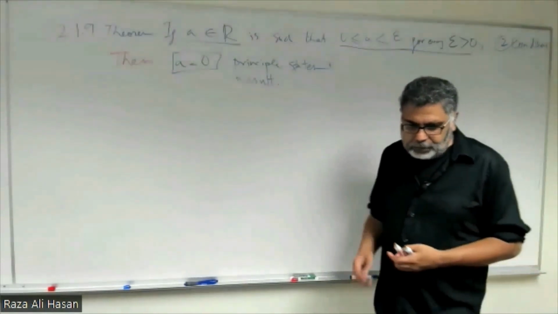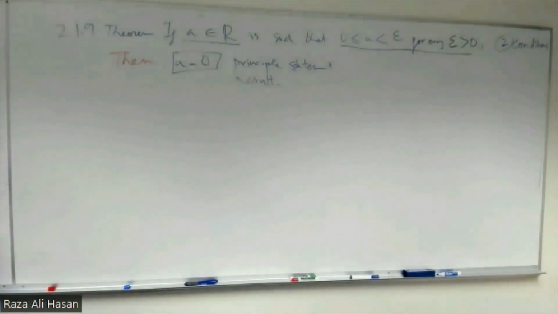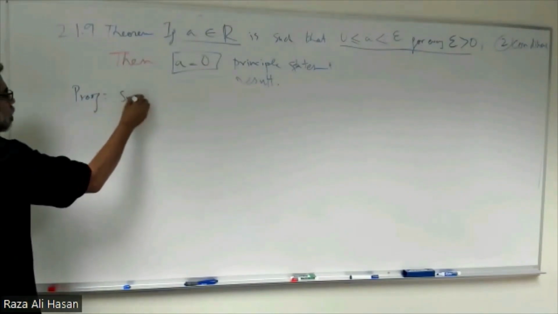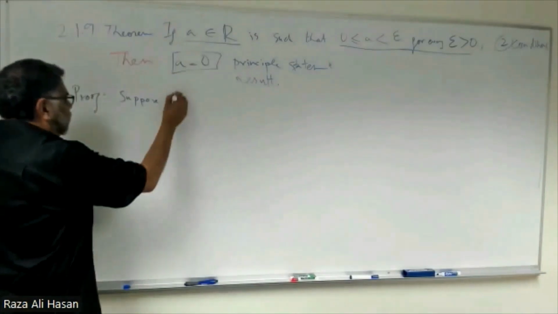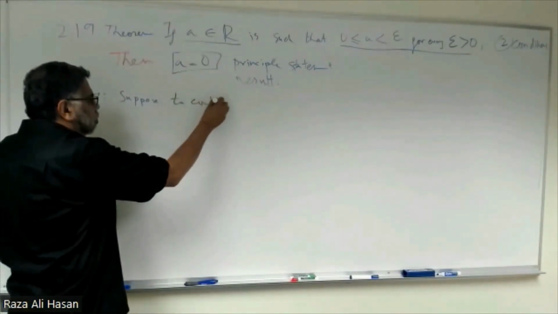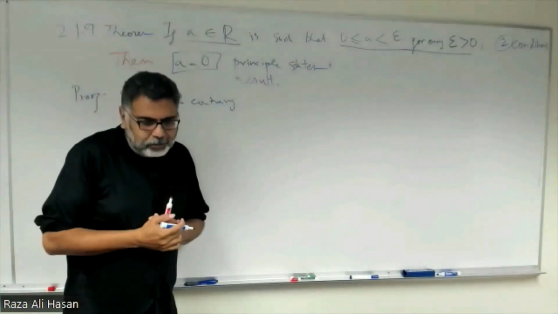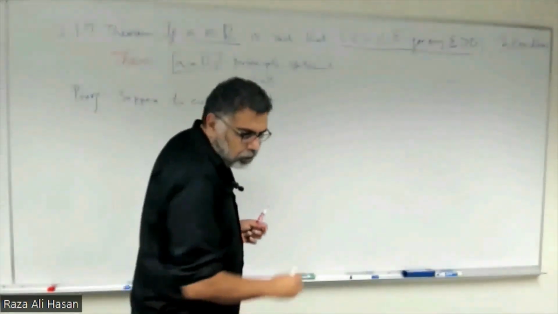Okay, so suppose, to the contrary, so it's a proof by contradiction. It's so hard to work with real numbers, all the proofs are like that.